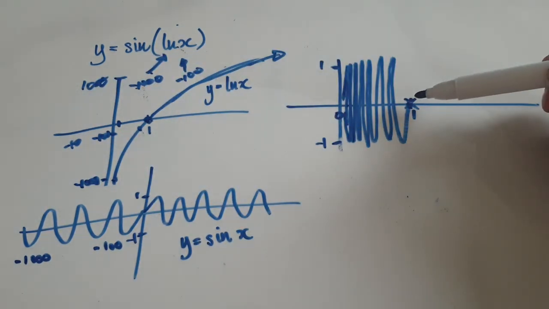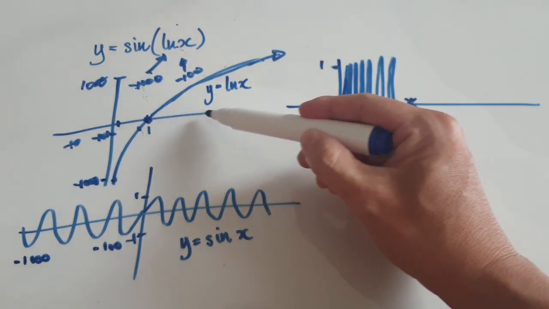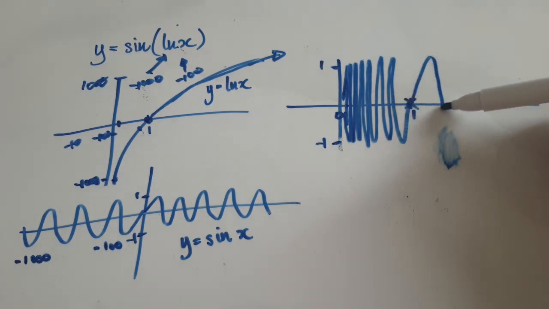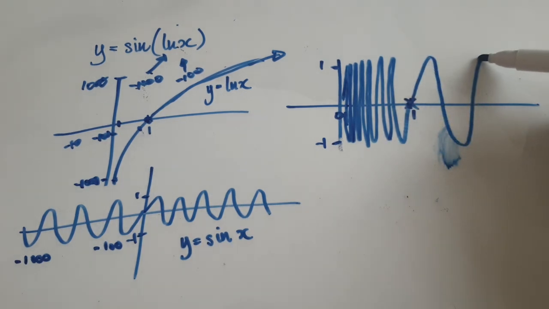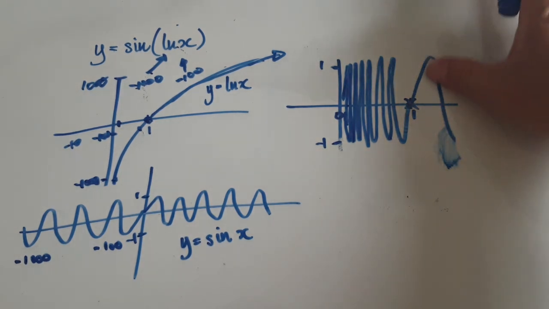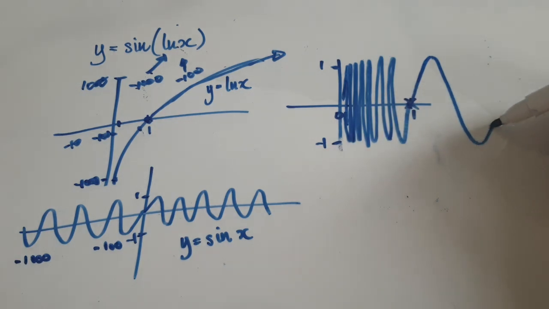So remember, one cycle is 2 pi. So as you go beyond 1, it will still oscillate, but it just quietens down. It doesn't oscillate as fast. And then as time goes on, it will oscillate, but very slowly. So imagine it looking something like this.